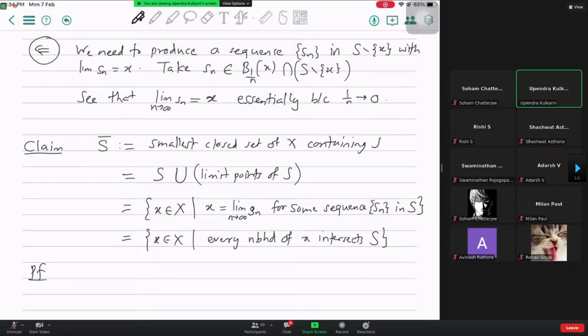Exactly. So that's why it is a claim. So see the first equality here. The first thing here is the definition, right? But what the claim is saying is that I can really take any one of these as definitions. So if you want, sometimes people write this as definition / proposition.